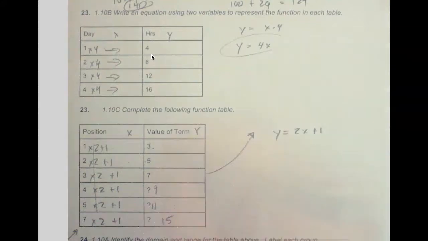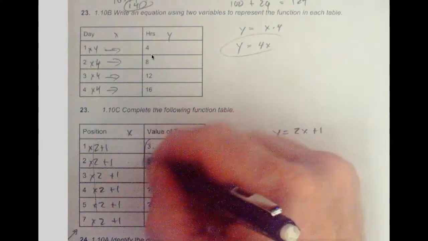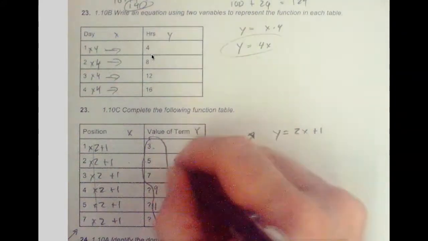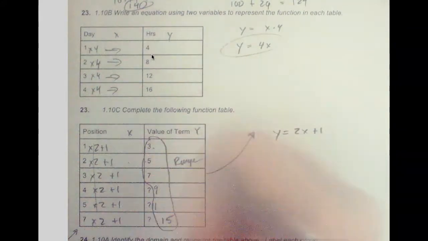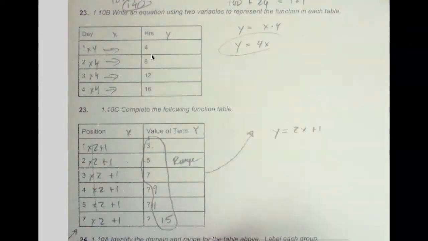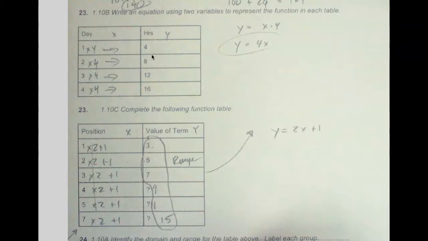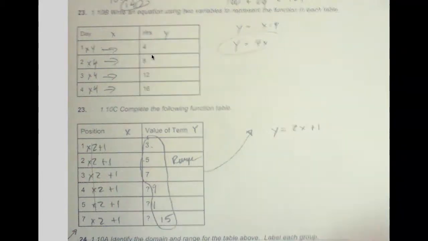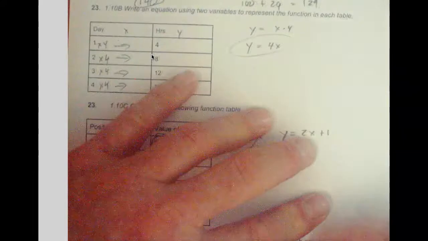Well, it's pretty simple. These items right here, this is going to be your range. So I'll write them down, the range. Put them in a set of brackets here, and we'll just write them down. 3, 5, 7, 9, 11, and 15. Don't slip 13 in there, it's not in there. Put a fancy bracket again.